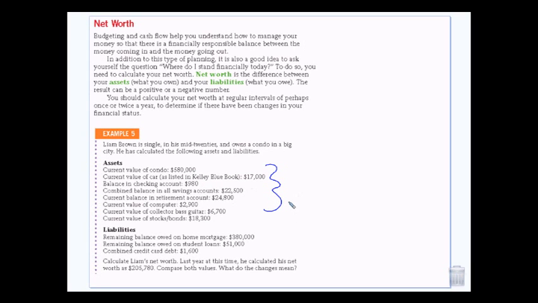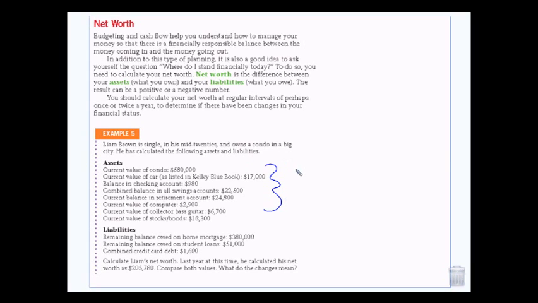So we can add those together really quickly. $22,500 plus $980 plus $24,800 plus $6,700 plus $18,300.